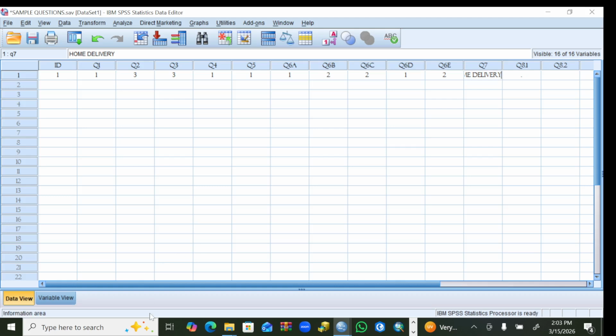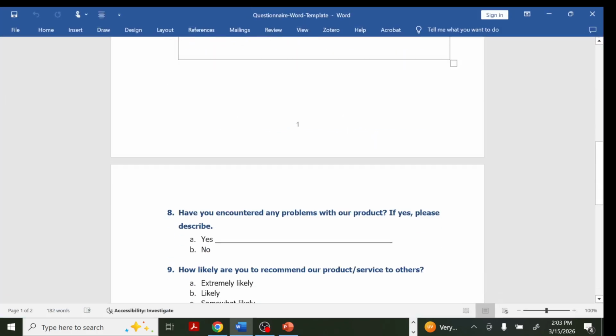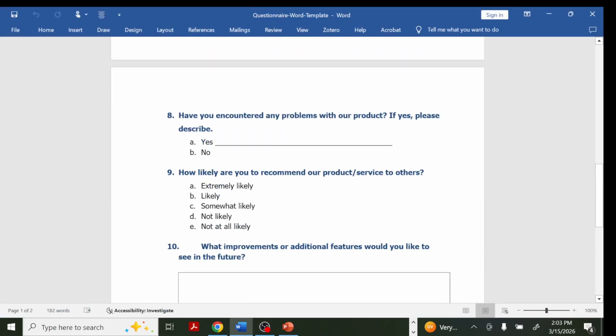Then you have question number 8. Question number 8 is a mix, close-ended and open-ended. Have you encountered any problem with our product? If yes, please describe.